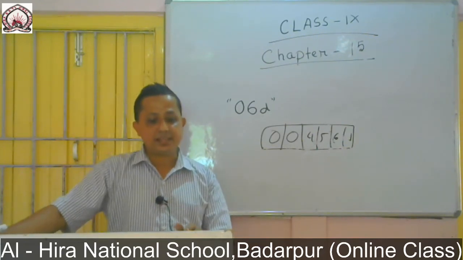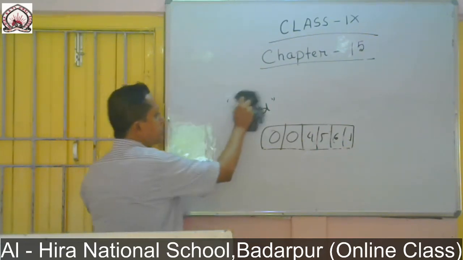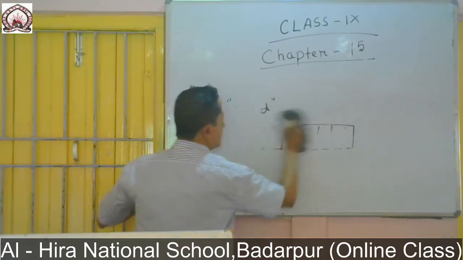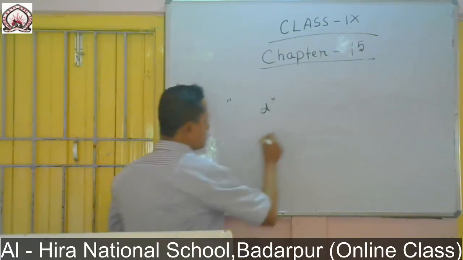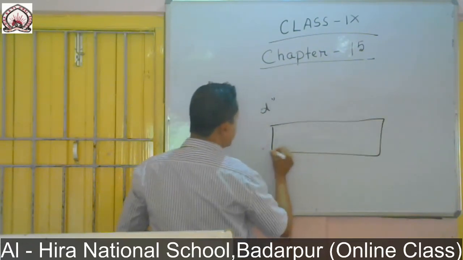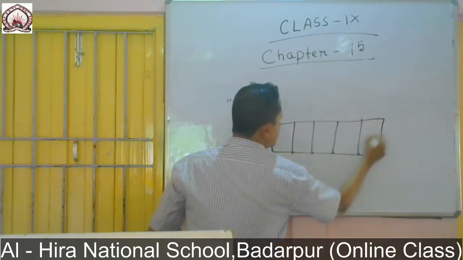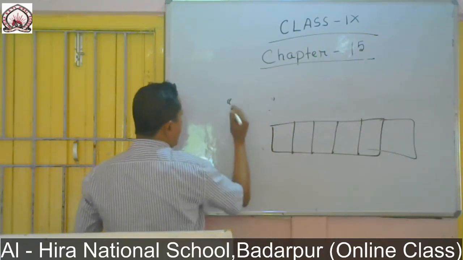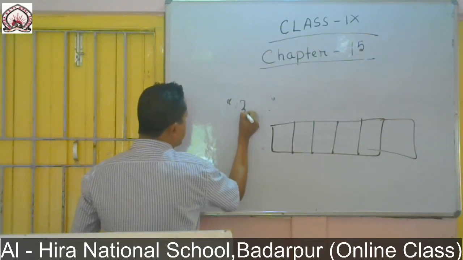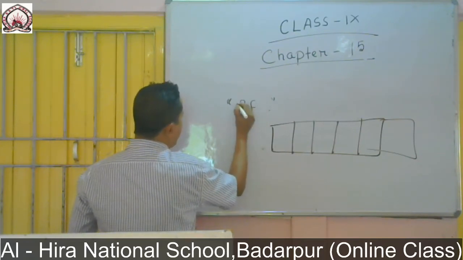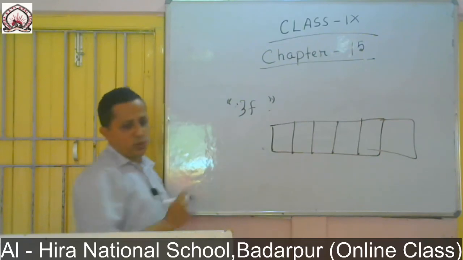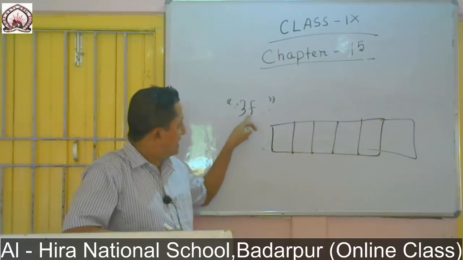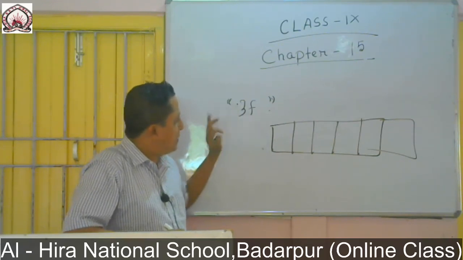Then we have, say, "%0.3f". What will happen? 0.3f means there are 3 digits after the decimal point.